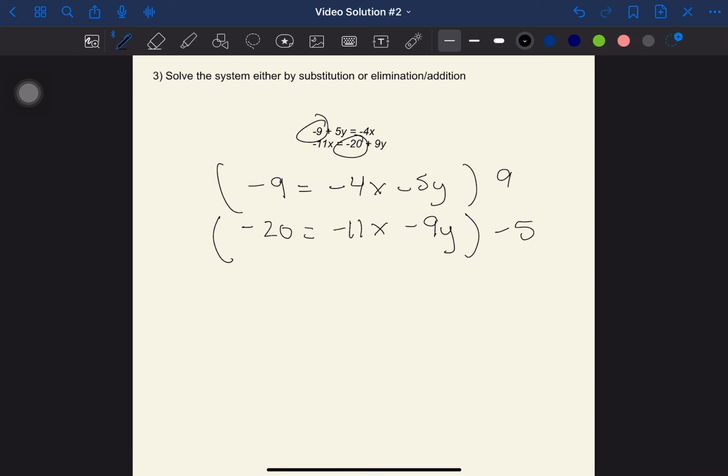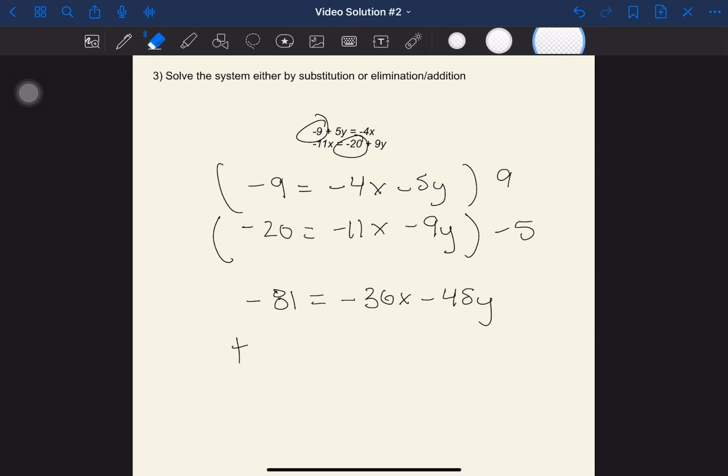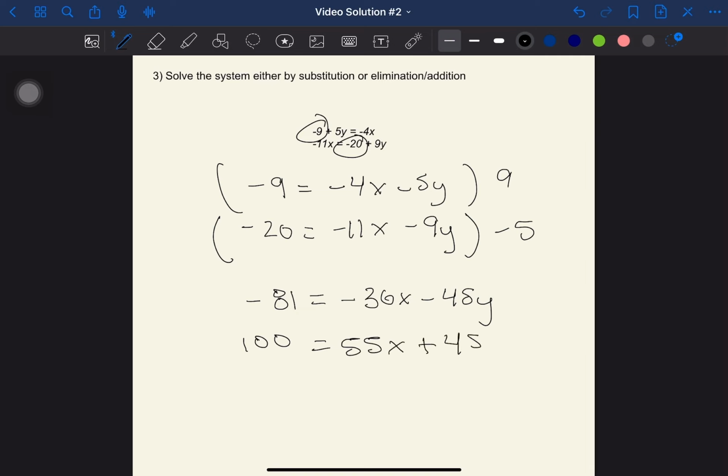So now when we distribute, we get -81 is equal to -36x minus 45y. And for the bottom, we distribute the -5 and we get +100 is equal to +55x plus 45y.